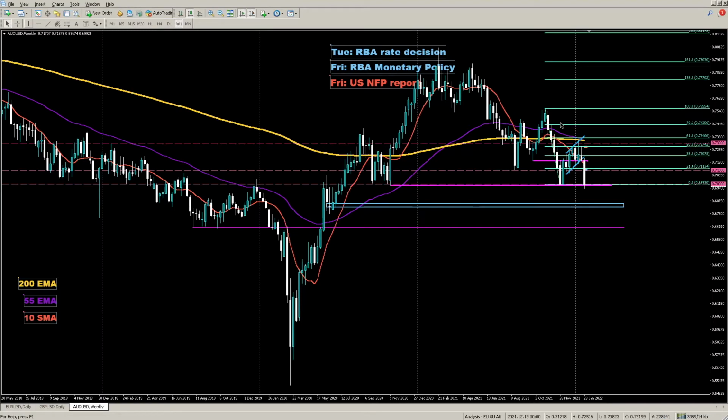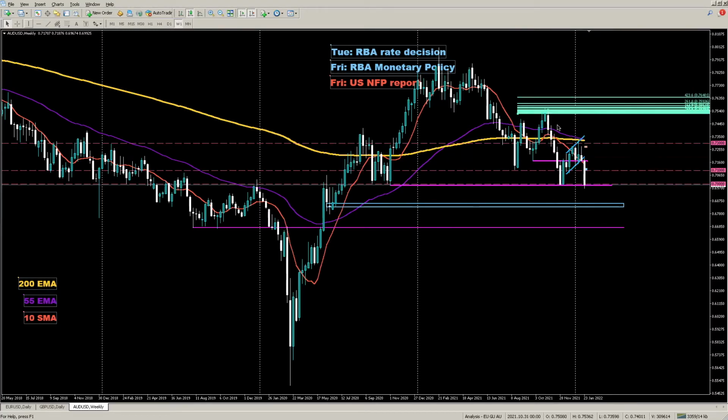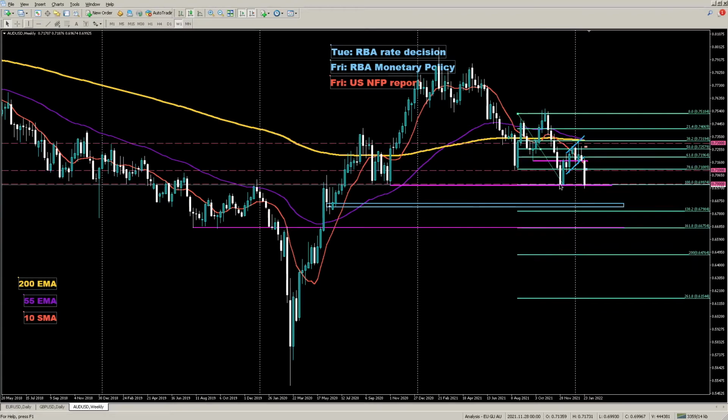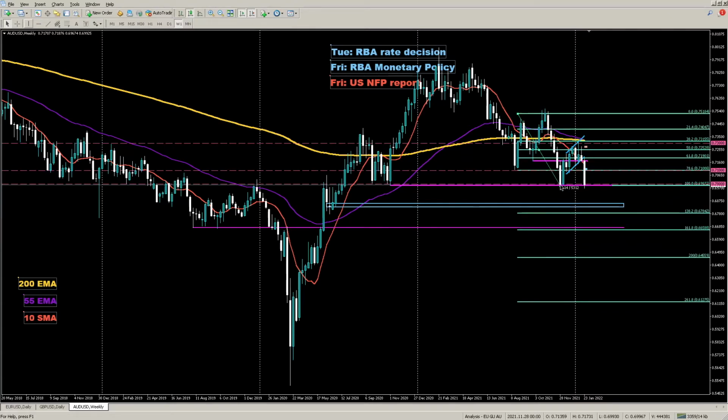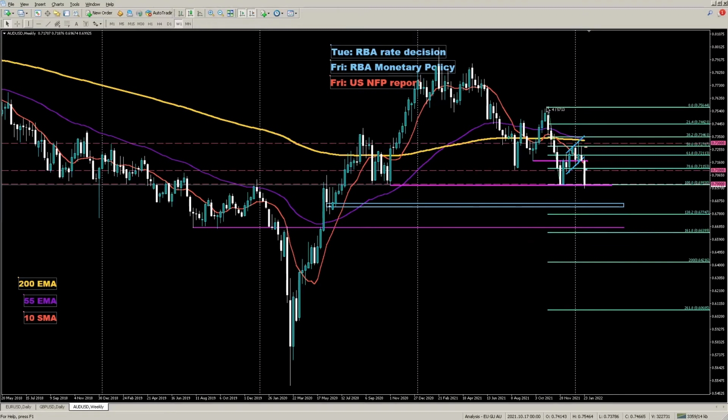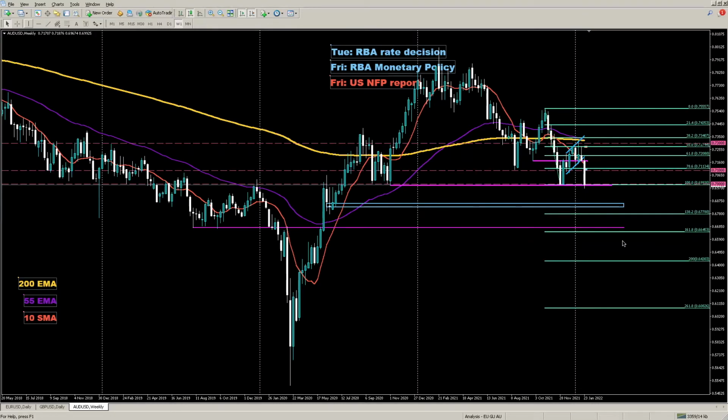Okay, now let's change the fib direction here. See whether it aligns with any of these key levels, and there is a 162 fib just below this swing low area at 66.45. 138 fib extension is at 0.6778.